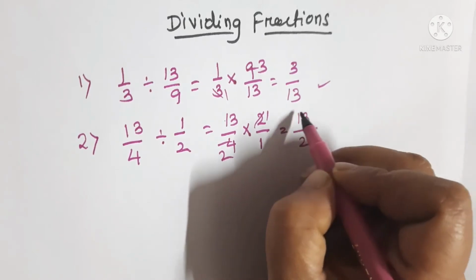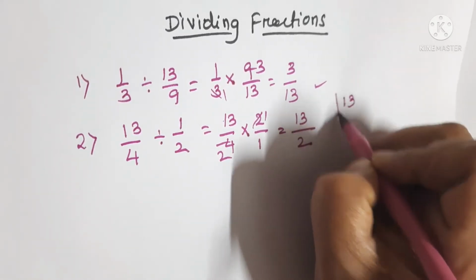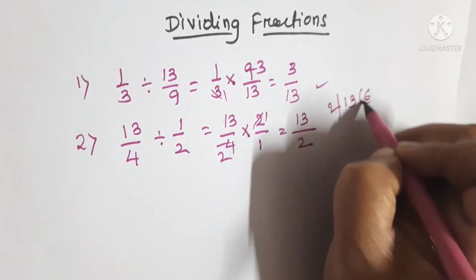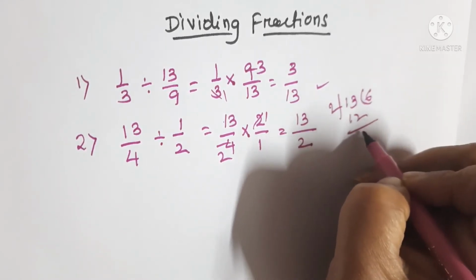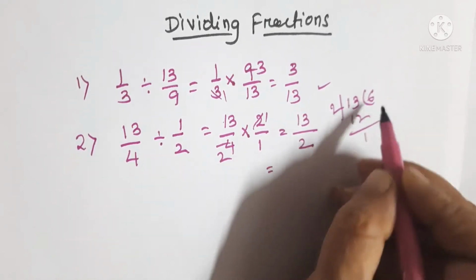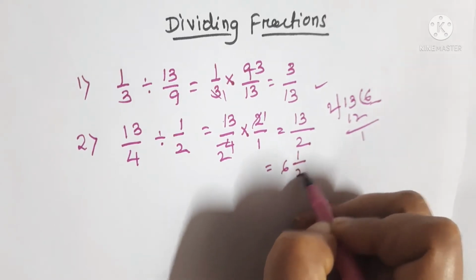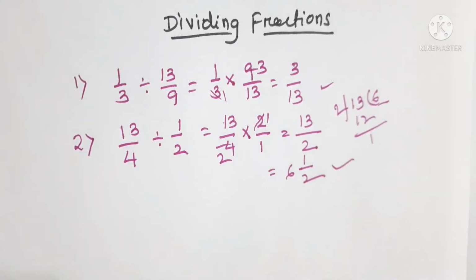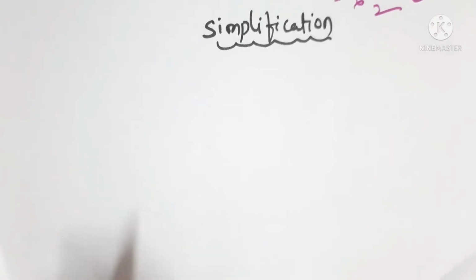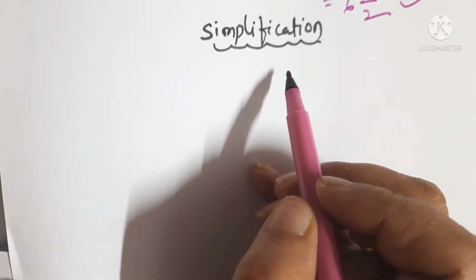Here it becomes an improper fraction, so you need to convert it to a mixed fraction. 2 6s are 12, 13 minus 12 is 1. Now you will write 6 and remainder 1 by 2. This is the answer.